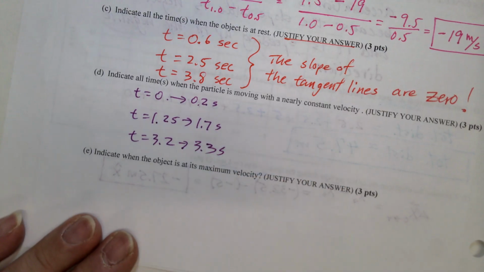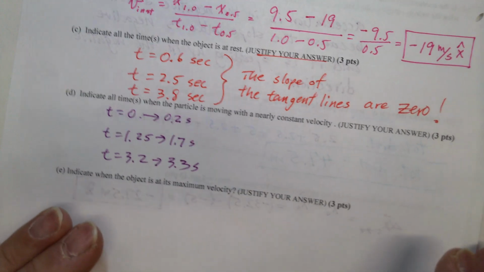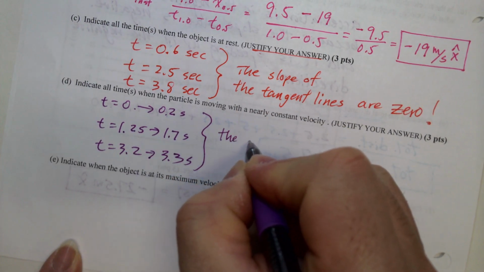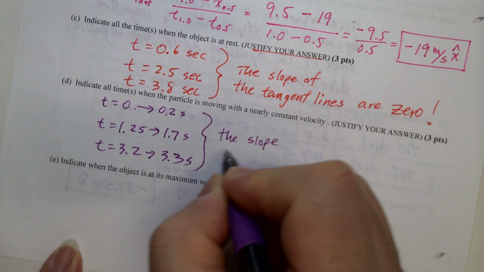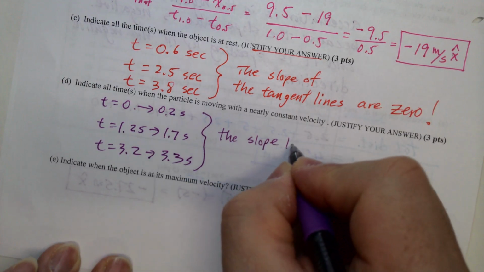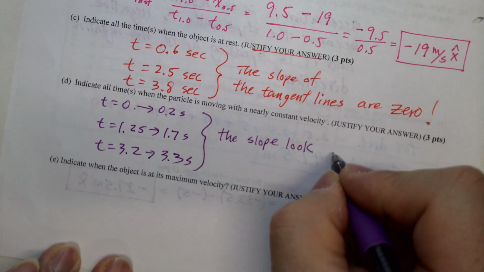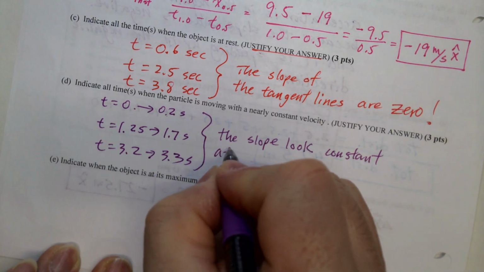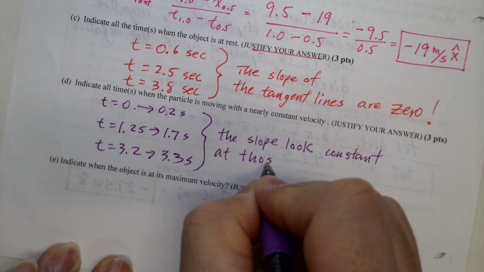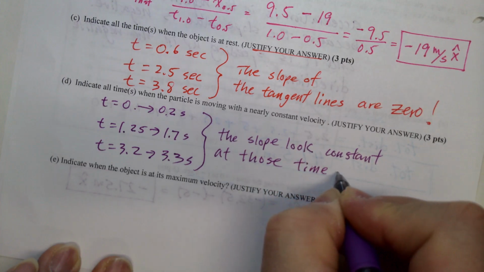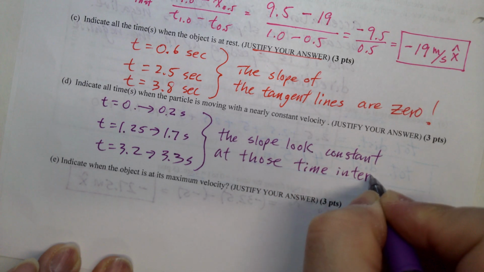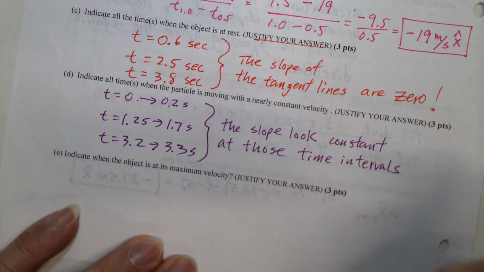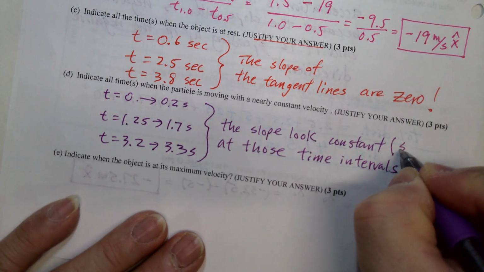So those are really nitpicking, okay? And the slope looks constant at those time intervals. This means straight line.